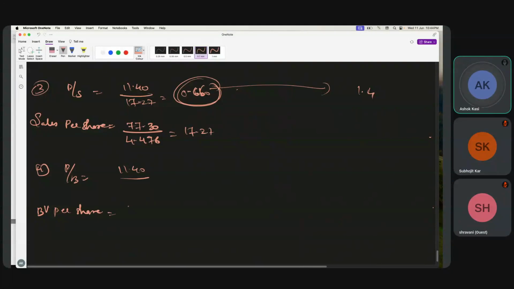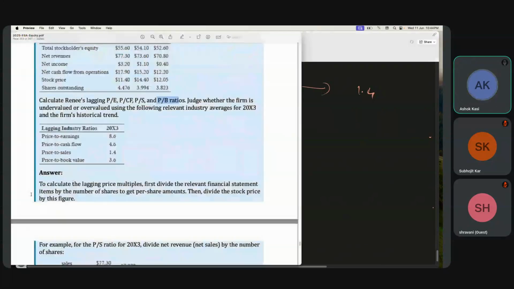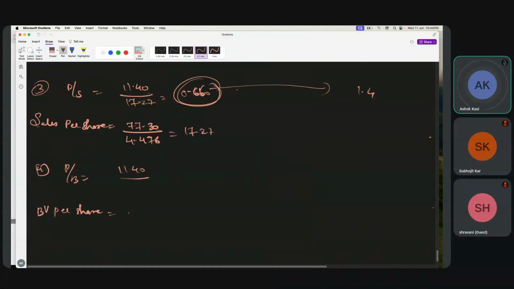Book value means shareholders equity, 55.60, divided by 4.476 shares. That is 12.42. So the price to book is 0.9178.